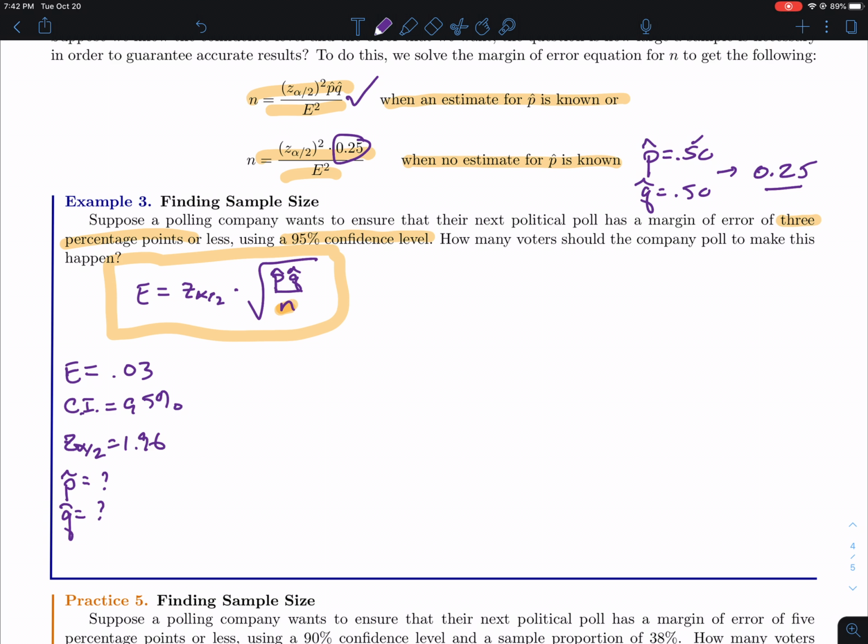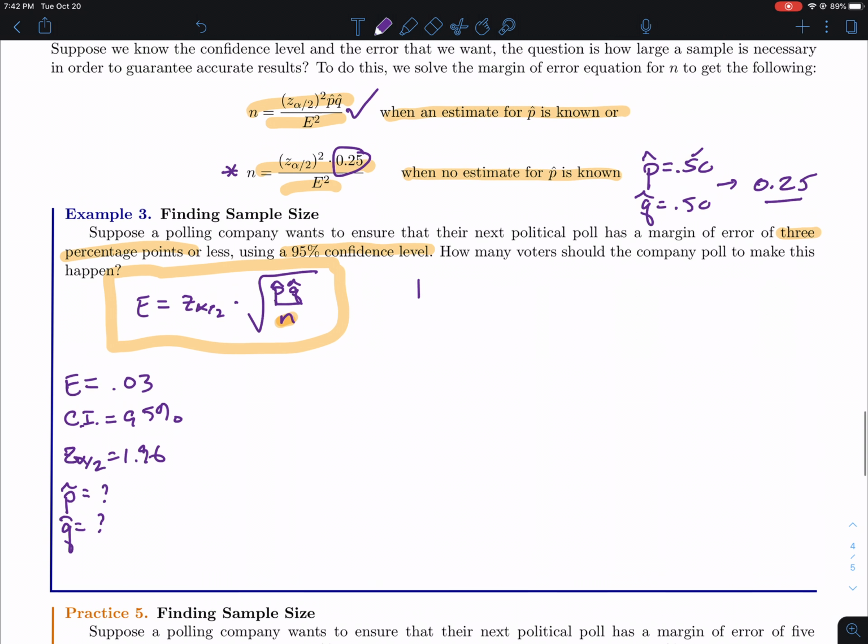So since we don't know p hat and q hat, that means we want to use the second formula to calculate our sample size. So we want to use n equals z alpha over 2 squared times 0.25, all over our margin of error squared. So now it's just a matter of plugging everything in and then using our calculator.